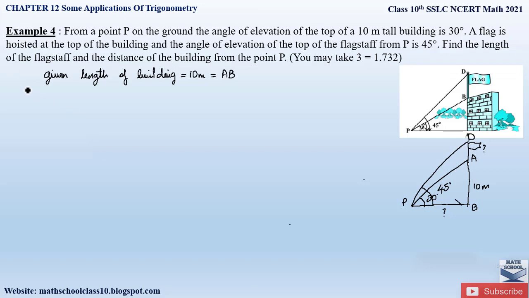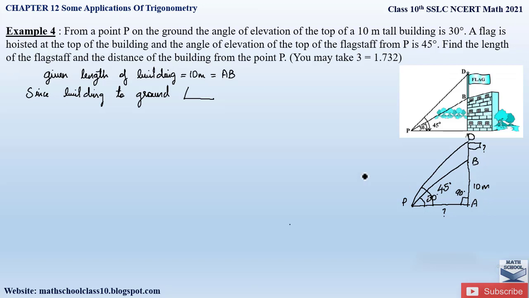Now since the building is vertical to the ground, this angle ABP or DBP becomes equal to 90 degrees. So let us write down: since the building is vertical to the ground, let us take the building as AB, not BA, I'm taking it here as AB.